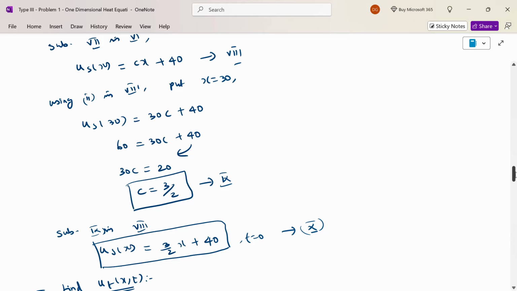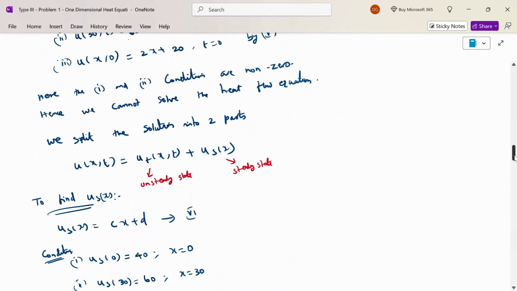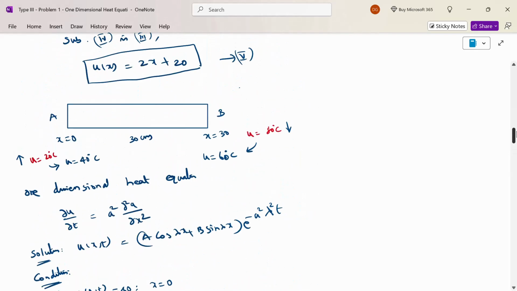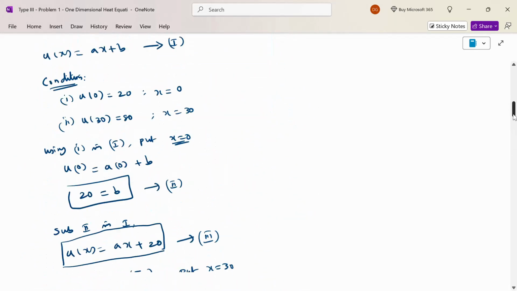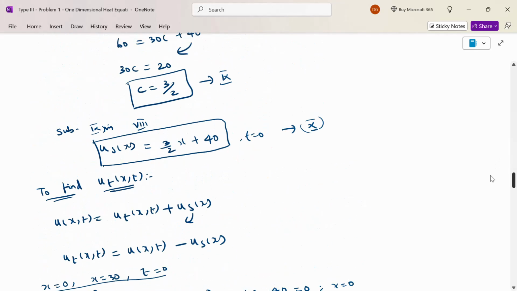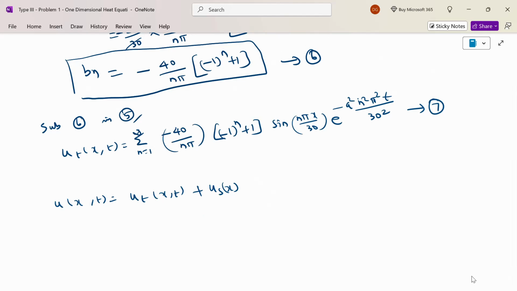So 10 and 7 are substituted where? In this equation we consider. Maybe I'll call it star, we missed taking this equation.